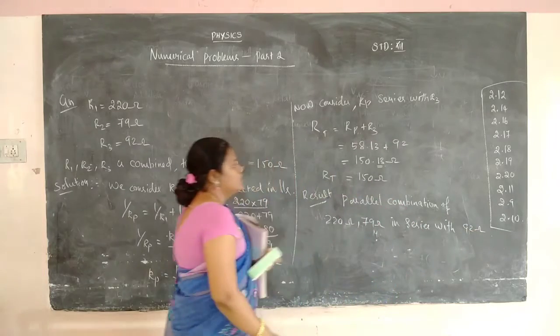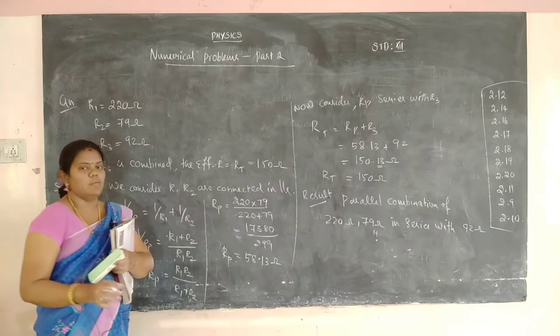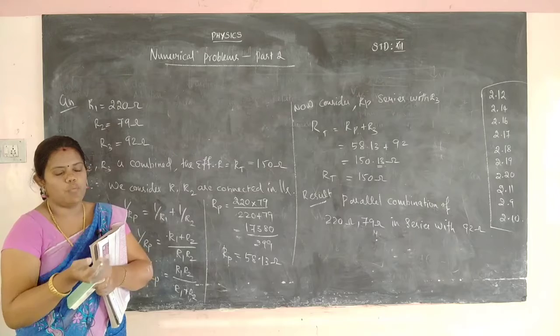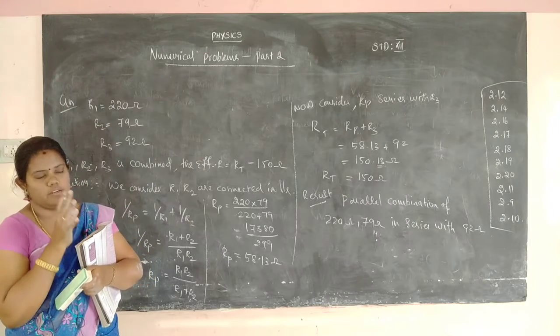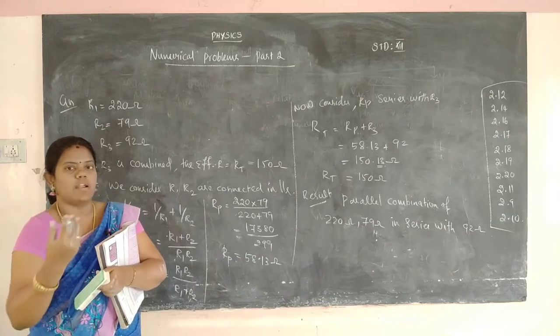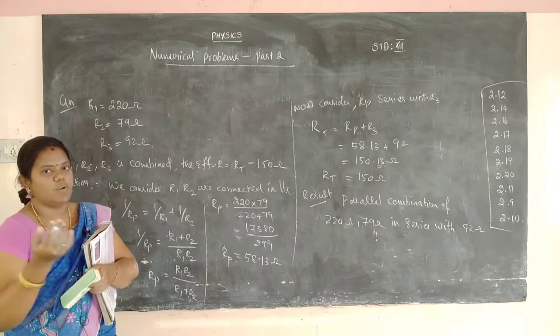What's the meaning of that? ஒரு கேர்ள் வந்து என்ன பண்றா அப்படின்னா 3 ஓம் ரெசிஸ்டர் வச்சிருக்கா. அந்த 3யும் எப்படிலாம் கனெக்ட் பண்ணா அவளுக்கு 150 ஓம் வரும் அப்படிங்கிறது தான் அதோடைய கன்க்ளூஷன். So first 2 resistors in parallel, and the third resistor connected in series with it, easily we get 150 ohm.